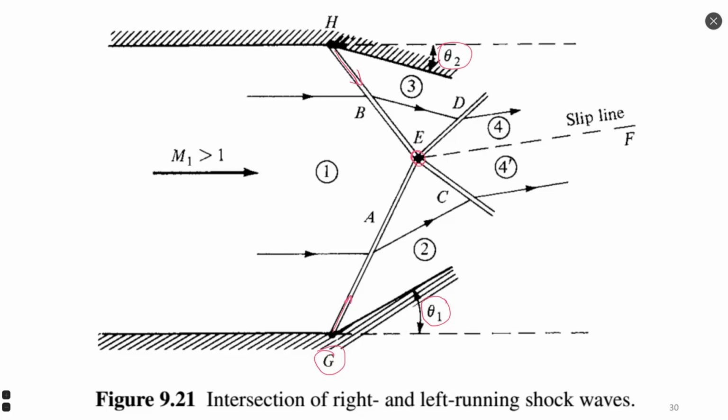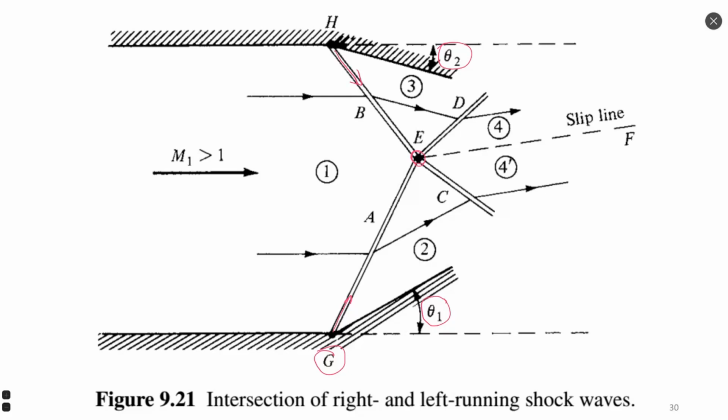So shock wave A and shock wave B meet at point E inside. As we might imagine, because angles θ1 and θ2 are different, they deflect our flow differently.